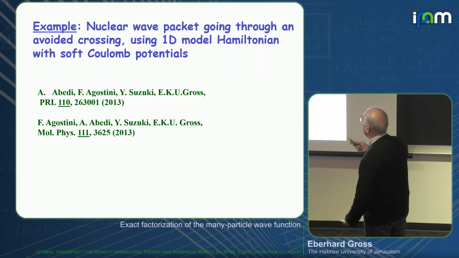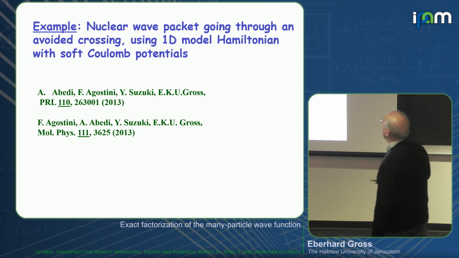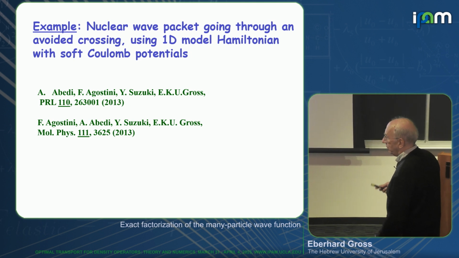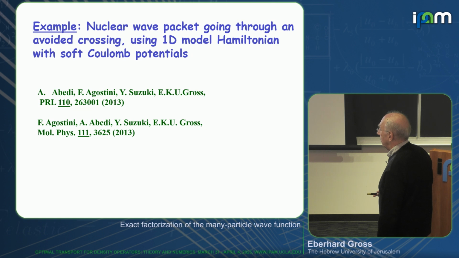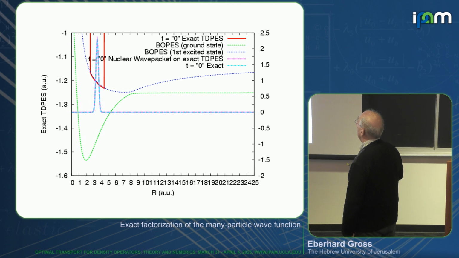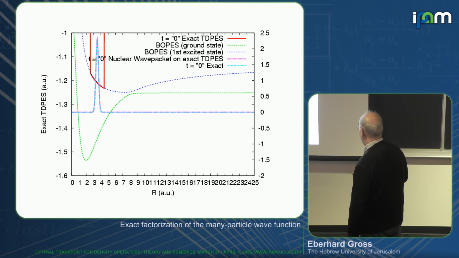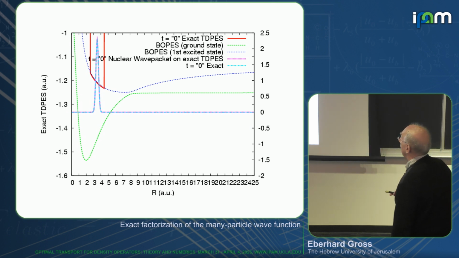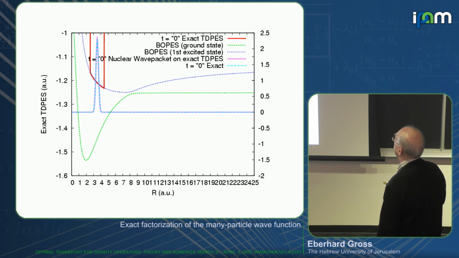And again, just to fix ideas, we at first look at a nuclear wave packet. This is for a one-dimensional model of H2 with simple forces, so we can solve everything numerically exactly. Those are the two Born-Oppenheimer surfaces. We start the propagation with a nuclear wave packet that is up here.